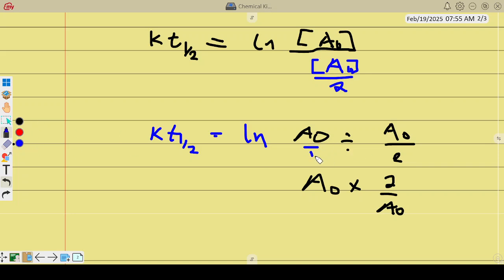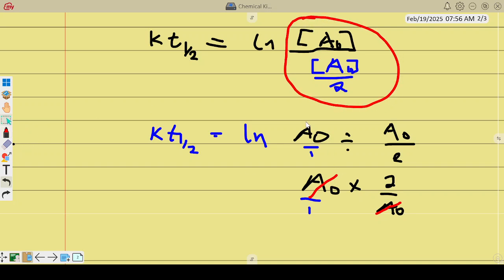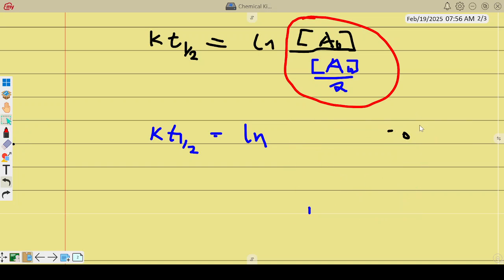So this was over 1. And then when we have a division, it changes to multiplication. Yeah, I think all this you know. So these two are going to cancel. A naught and a naught, meaning we'll just remain with 2. So when you simplify everything there, you are going to have 2.